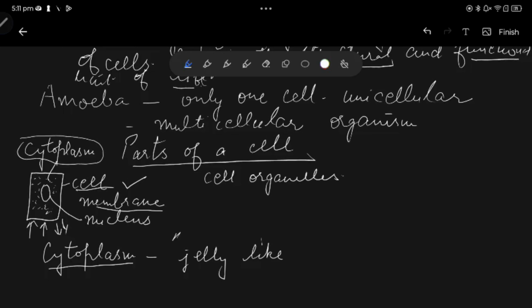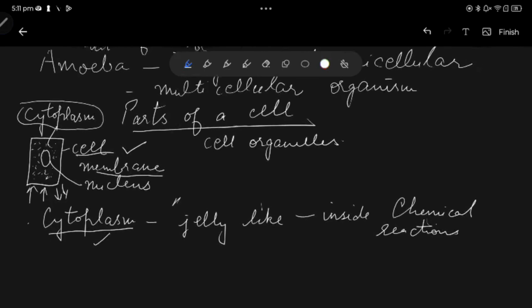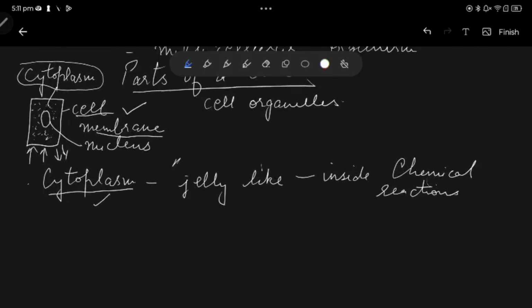So inside this cell membrane here, there is a jelly-like substance which is called the cytoplasm. Most of the important chemical reactions of the cell take place inside this cytoplasm.